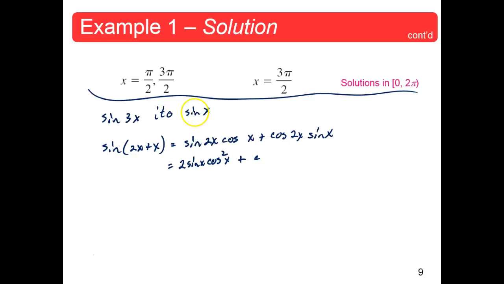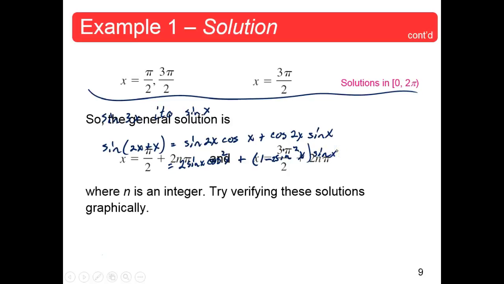Because we're trying to get it in terms of sines, aren't we? Okay, let's try that. 1 minus 2 sine squared x. Is that right, what you said? Okay, and that's times the sine x.